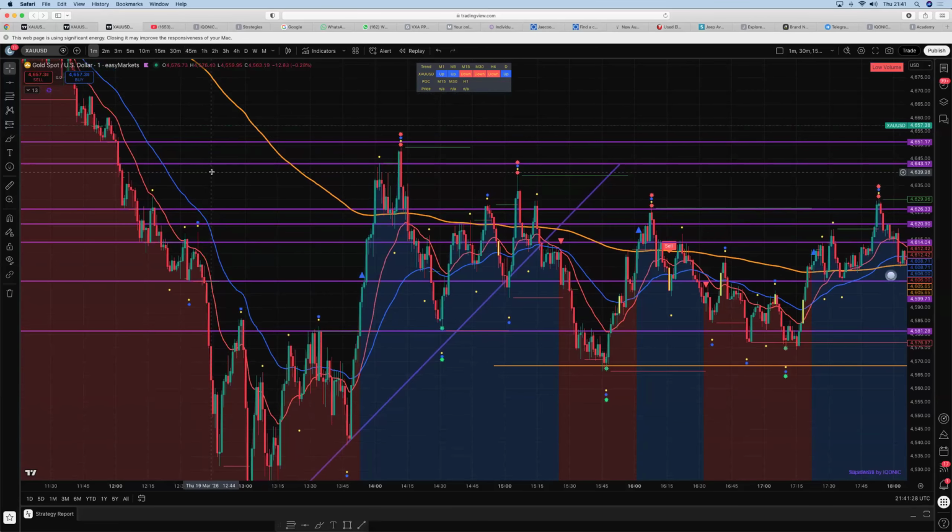I've always been an odd time frame trader, because the 3 is more stable than the 1, and it's kind of in between the 1 and the 5. The 10 is more stable than the 5. You see what I mean?